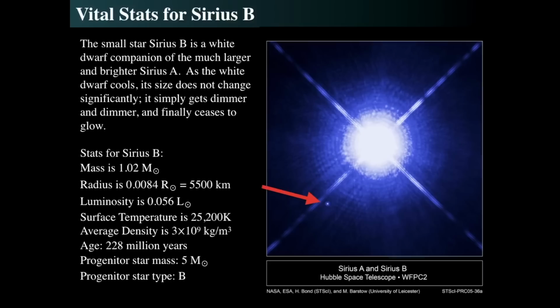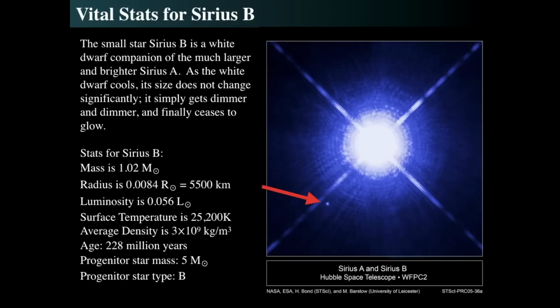We also can derive an age from Sirius B. It's only about 228 million years old, which means this whole star has lived its entire life in the time frame that it took the dinosaurs to become born as dinosaurs 250 million years ago, until they died out, and then we were born. So basically this star was born at basically the same time the dinosaurs arose on Earth.